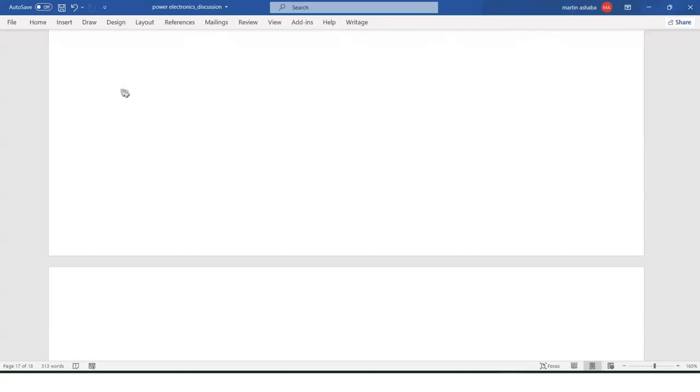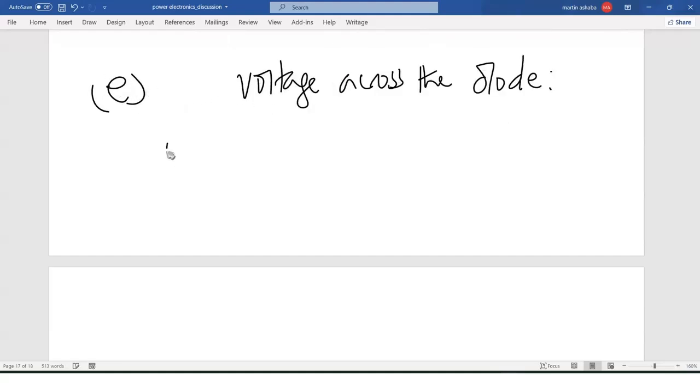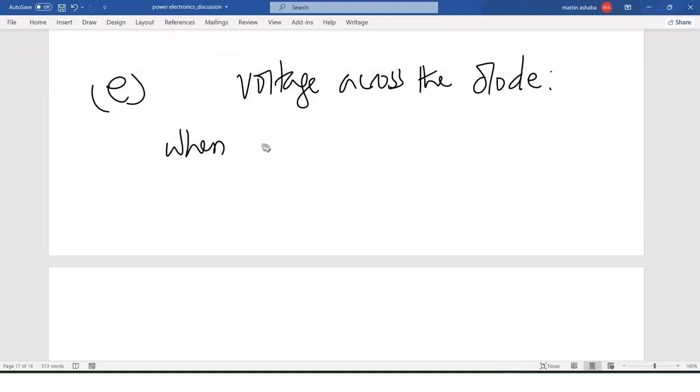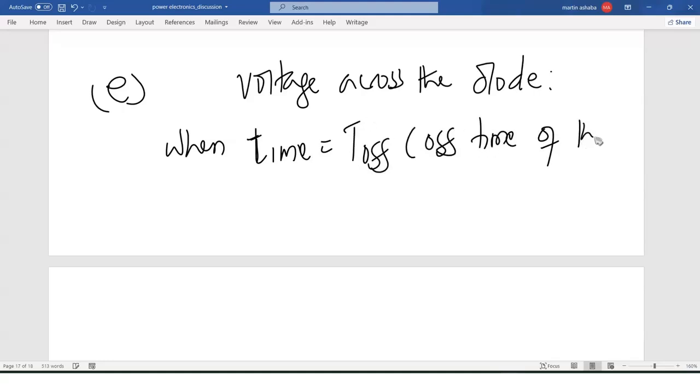Then lastly is to get the voltage across the diode. So when the diode is conducting, the voltage drop across it is going to be 0. So when time is equal to Toff of the chopper, then Vd is equal to 0.